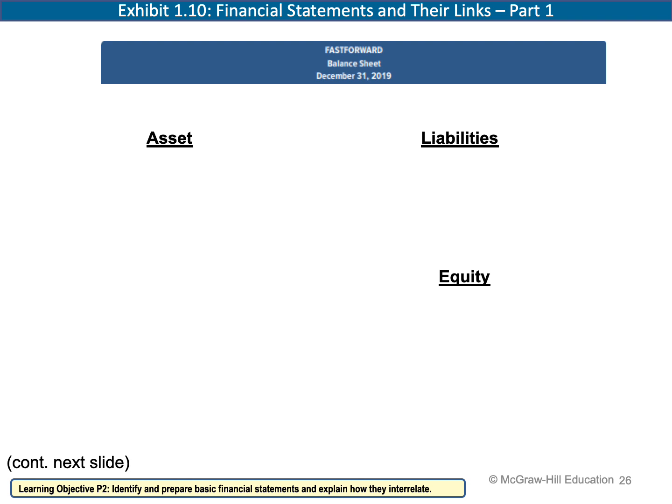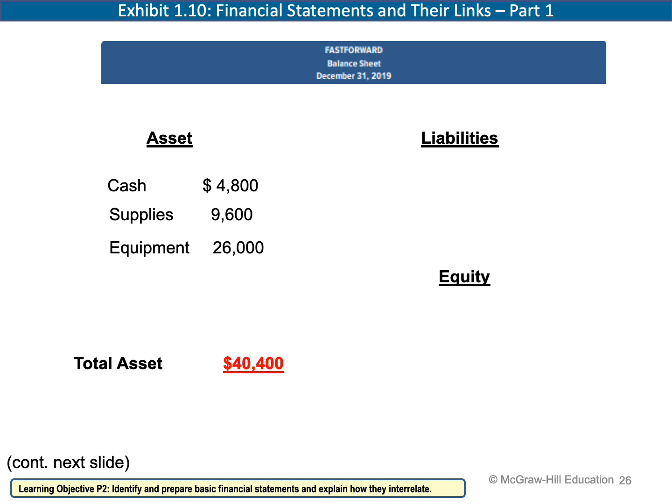So what I'm going to do, I'm going to list all of the asset items under the asset section. Cash is an asset. That's why I'm including it under the asset section. Supply is also an asset. Equipment is an asset. Then I'm going to take the total asset.